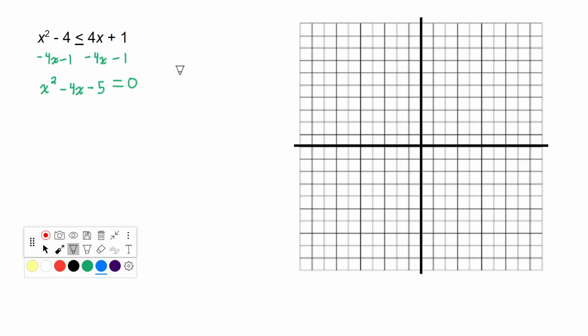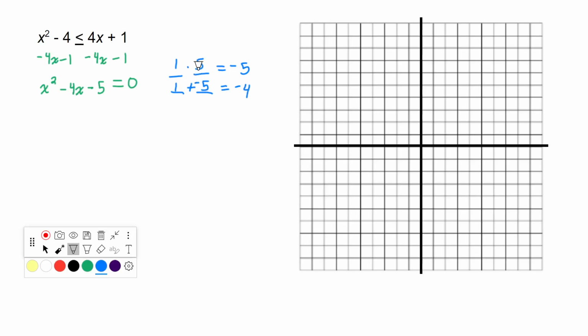I'm going to look into factoring this first. So I'm looking for numbers that will multiply to equal -5, that will add to equal -4. Well, the only numbers that multiply to give us 5 are 1 and 5. So the question is, can I use 1 and 5 when I add to get a -4?